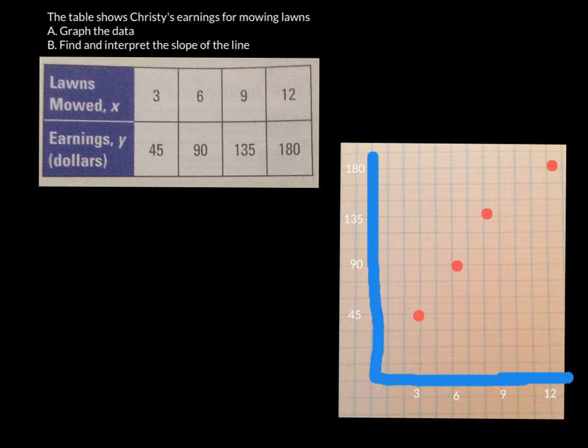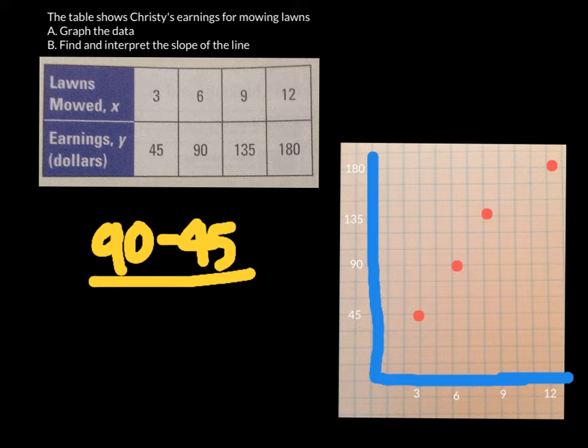Okay. So now to find the slope, we just take 2 points. So I'm going to do 3, 45 and 6, 90 because it's less numbers. Let's take our y on top. So 90 minus 45 over 6 minus 3.